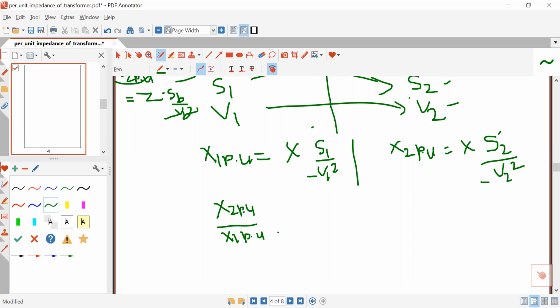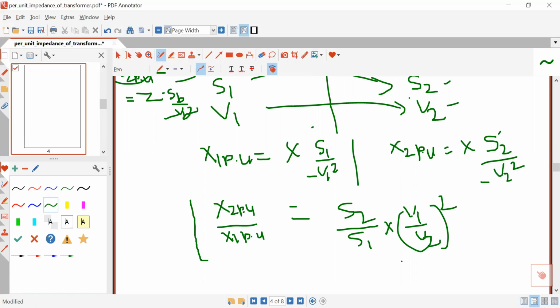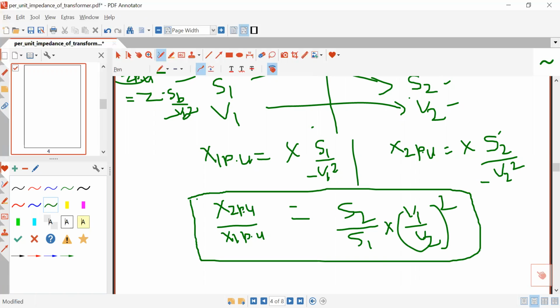When you divide these two quantities, what will you get? S2 by S1 into V1 by V2 square. So just by using this formula, you can get the new per unit value, or you can say the new value of per unit reactance on base S2 and V2.